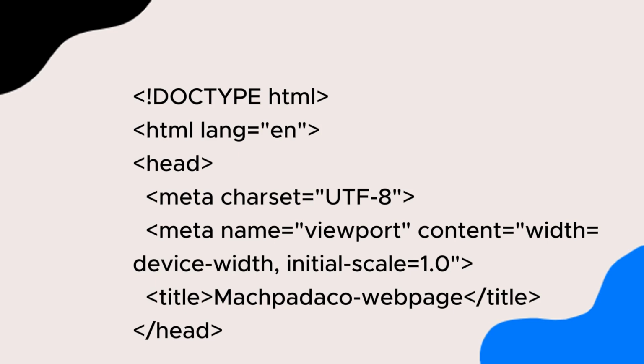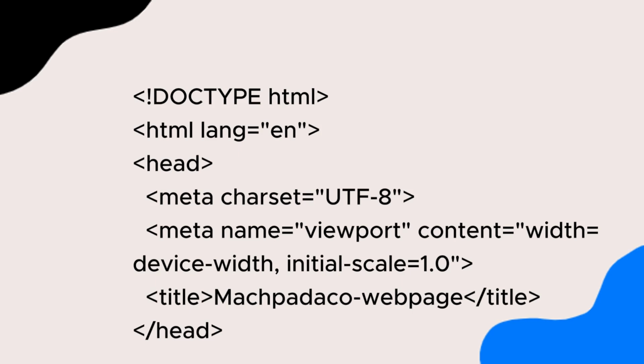Every HTML coding starts with an open tag !doctype HTML. Then below it you have your HTML open tag, which will close with the HTML close tag. In between the HTML open and close tag, you have the head open tag and the head close tag.